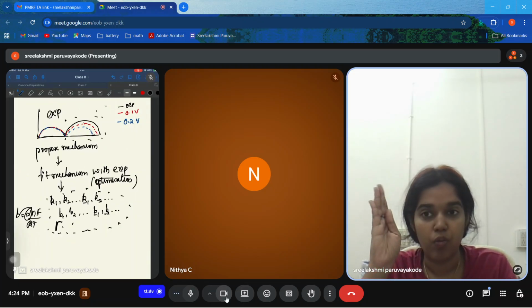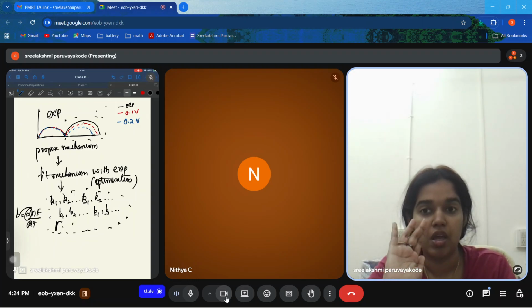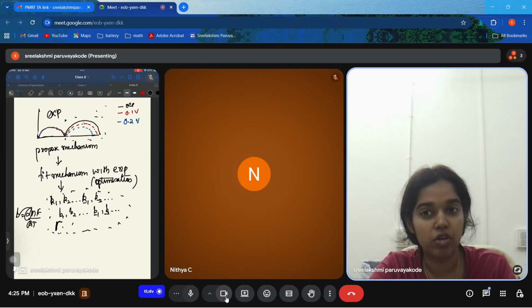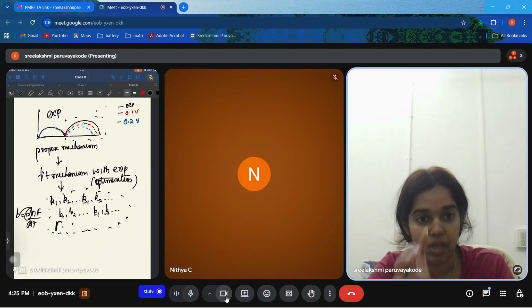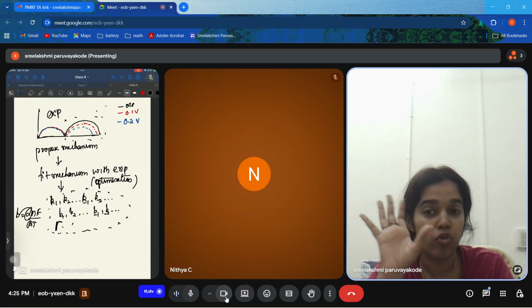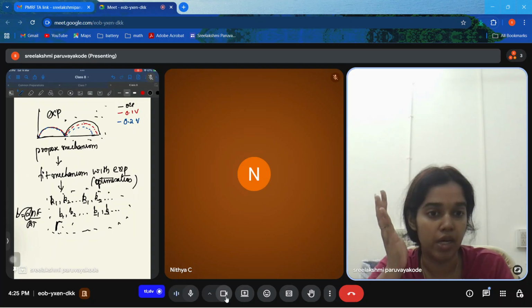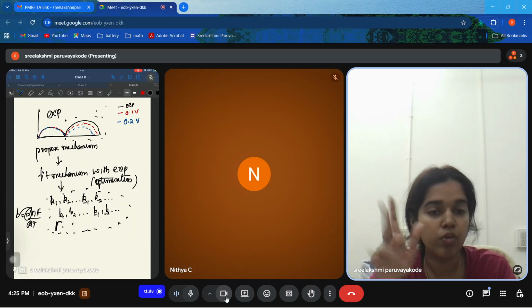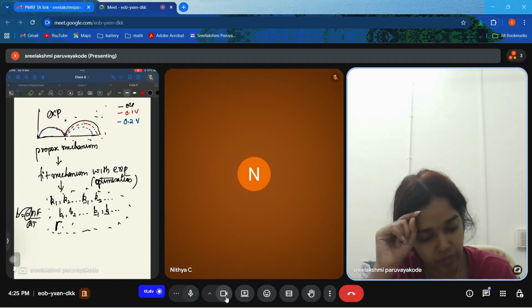But whatever DC potential I'm applying, when I'm modeling it and trying to fit it, the model parameter shouldn't change. It should be this model, and I'm getting this expression. This should be valid at any applied DC potential. That's how unique the model parameter should be, right? That's how you do modeling. You cannot say for this condition there's one model parameter, and you change the model parameter when the condition changes. Then there's no point in doing the modeling.